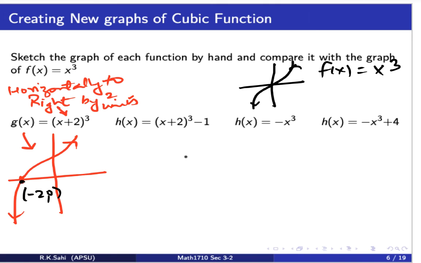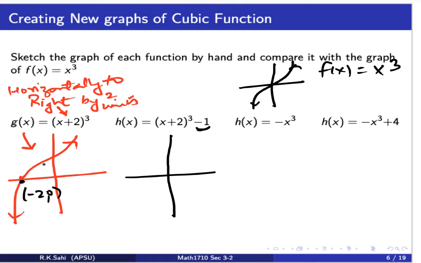Okay, now what we have done in the next graph, our function here too, is that we have not only moved the graph to the left by 2 units, but minus 1 means we also move the graph down by 1 unit. So that means this graph now will come down by 1. So minus 2 and 0 will now become minus 2 and minus 1 here. Okay, so here's the new graph.